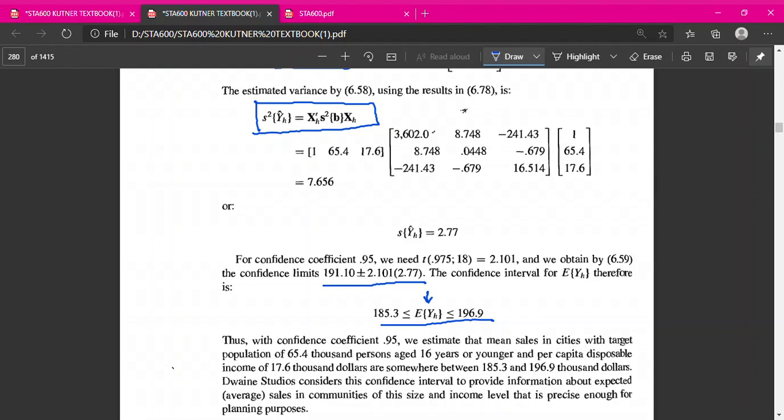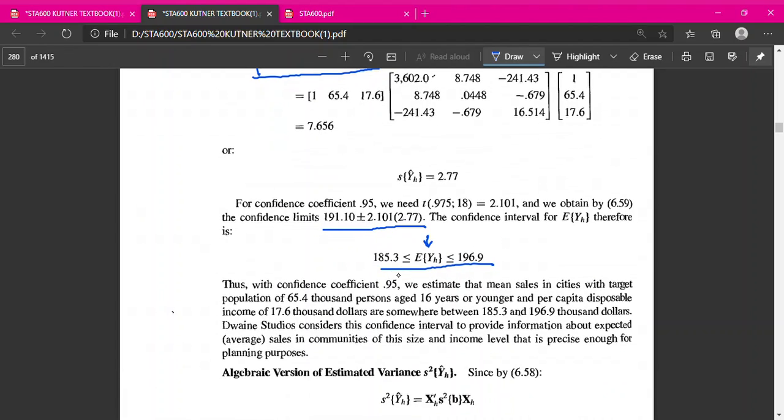So apa yang boleh you interpret? You can say that with 95% confidence, we estimate that the mean sales, which is the mean of Y, mean of the response.